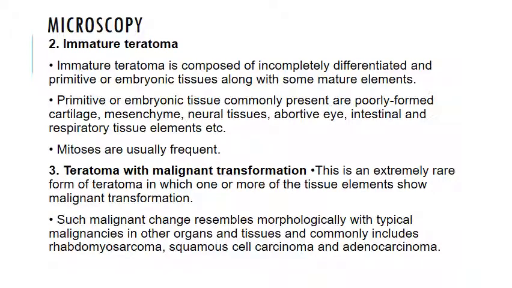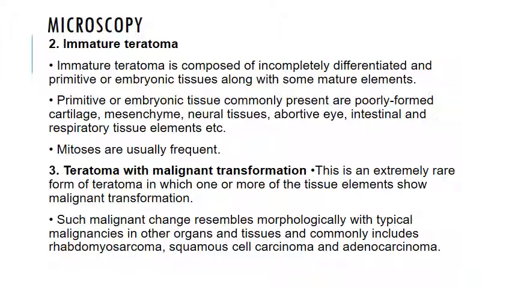So when we see in a teratoma derivatives of all three germ cell layers, but in primitive form or poorly formed form, then we categorize it as immature teratoma. And the frequent finding in immature teratoma is that there are certain mitoses.